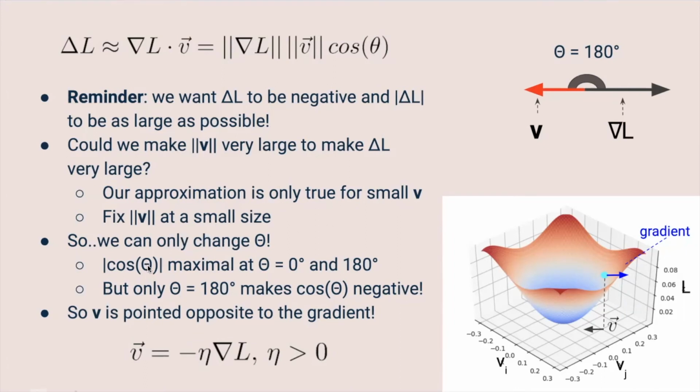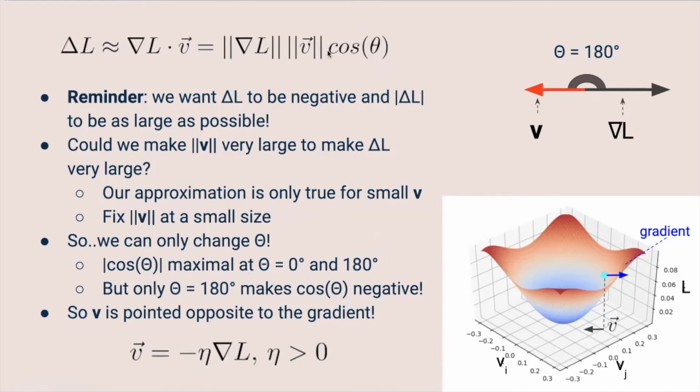And it turns out that cosine theta is maximized when theta is either 0 or 180. In the case where we want to make cosine theta negative, since these magnitudes will be positive, we need to make it 180, because that's the only one that gives us a negative value, right? Because cosine 180 is -1.